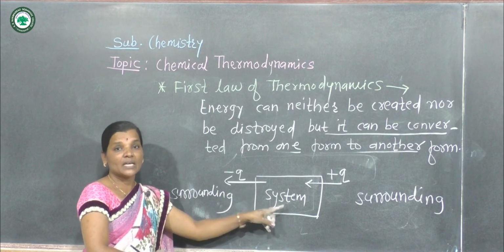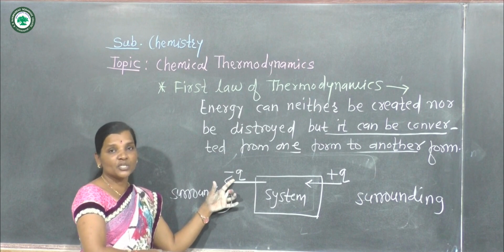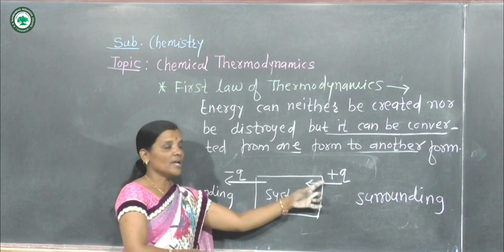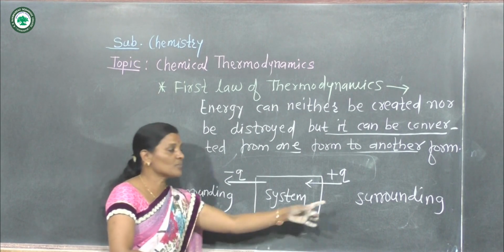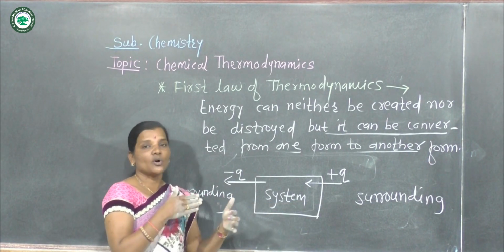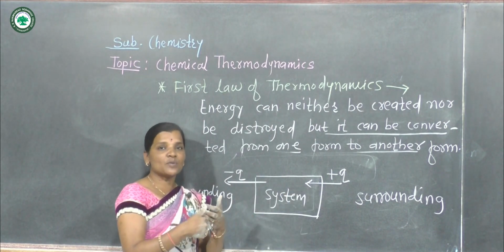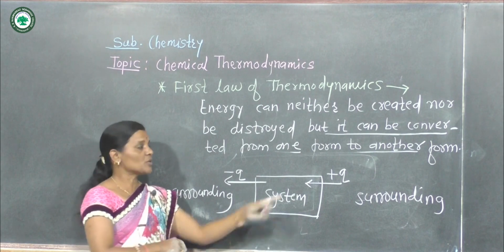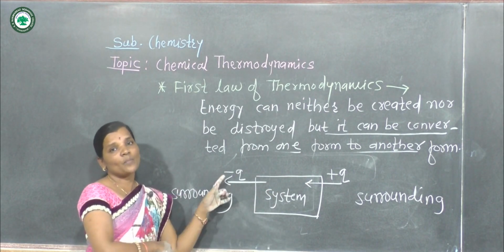When the system releases or gives energy, then minus Q is considered. Plus Q, heat is absorbed by the system, gained from the surrounding, because there is exchange of heat, energy or work between the system and surrounding only. So the system absorbs energy from the surrounding, plus Q; the system releases energy to the surrounding, minus Q.